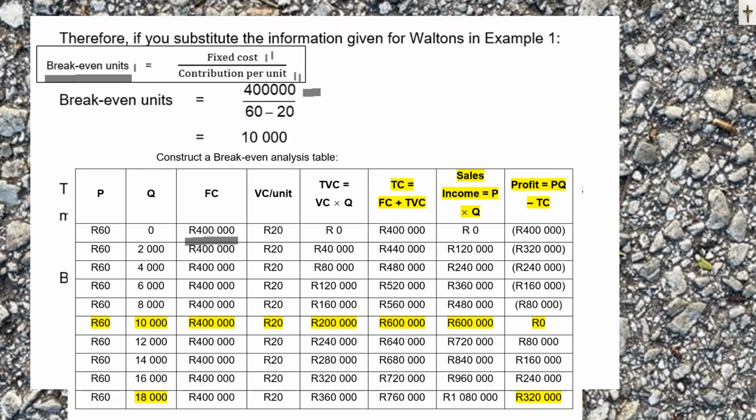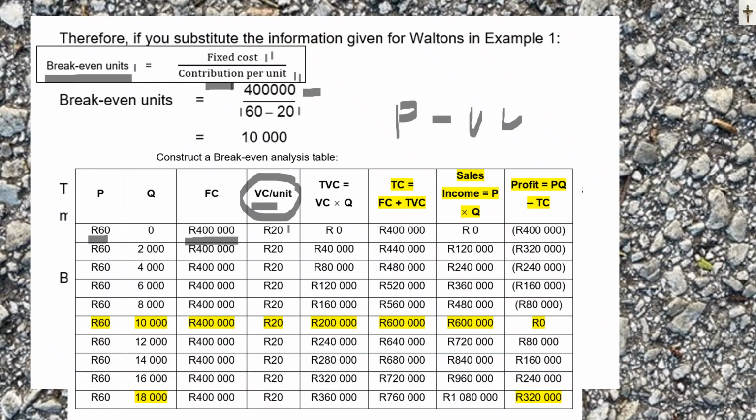60 Rand minus the 20, which is the variable cost per unit, the contribution per unit. So we're looking at an individual file, selling price 60 Rand less the variable cost per unit of 20 Rand. So we substitute in the numbers from the table.